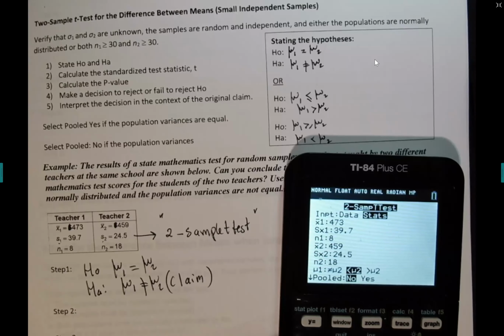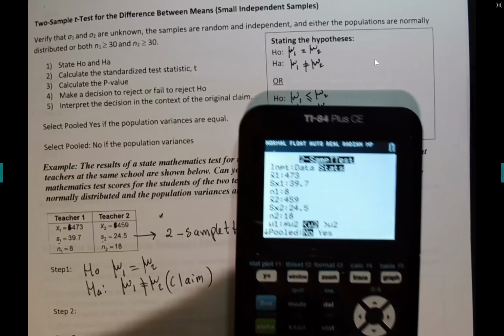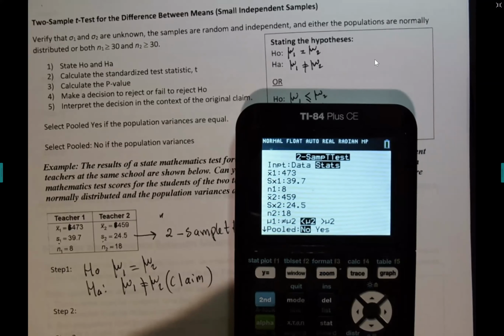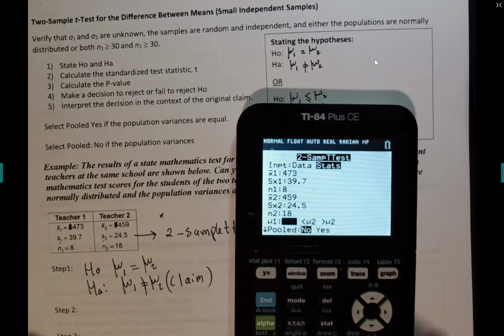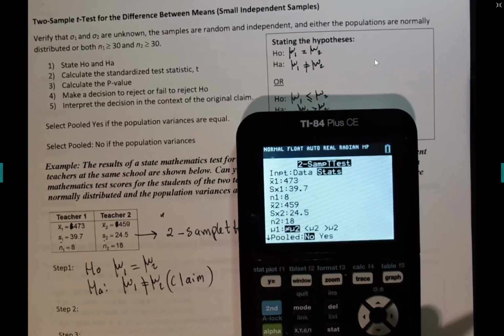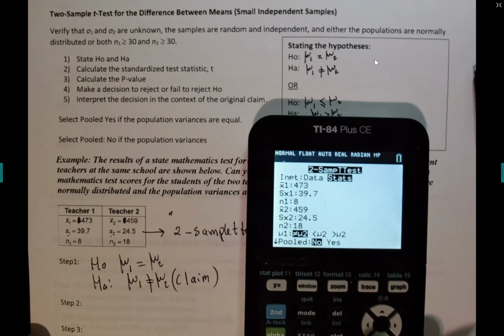All right. And the mu1 is not equal to mu2. Okay. Now there's the word pooled. You have to select yes or no. It does make a big difference in the answer.